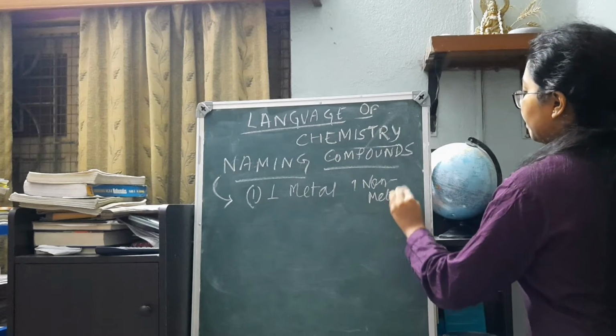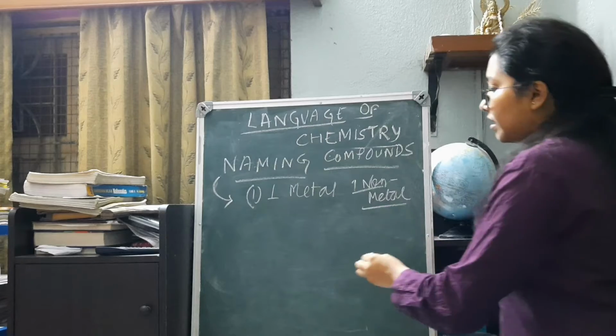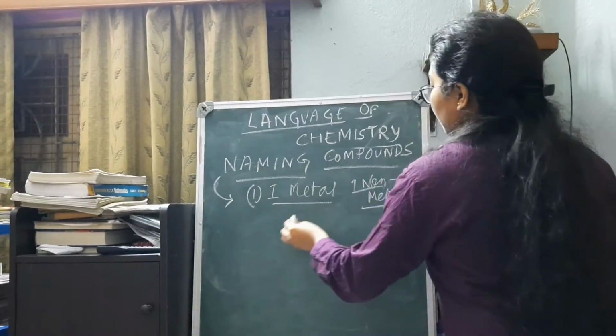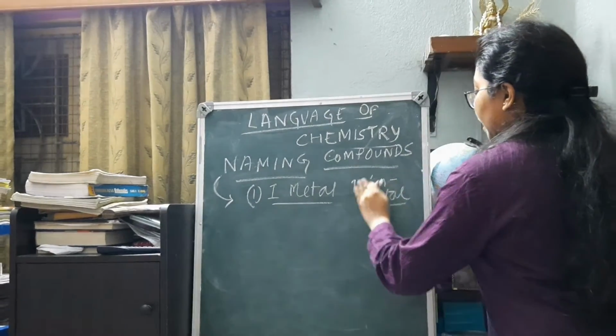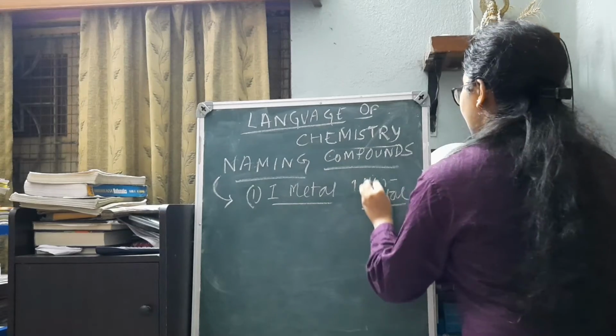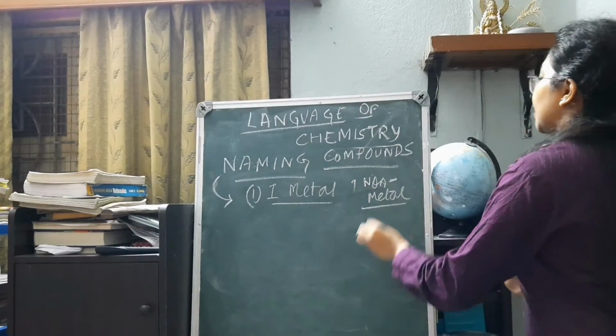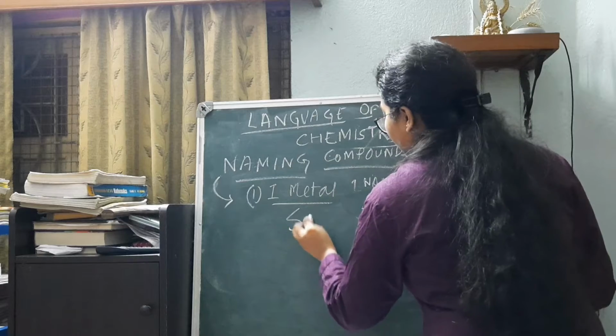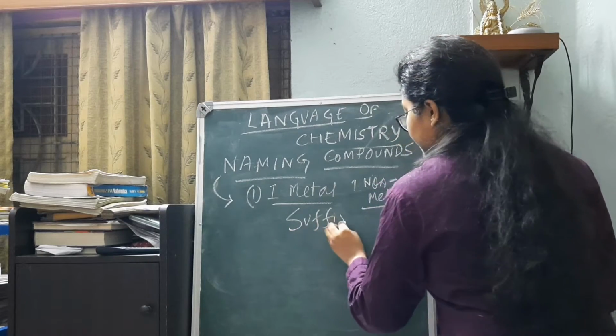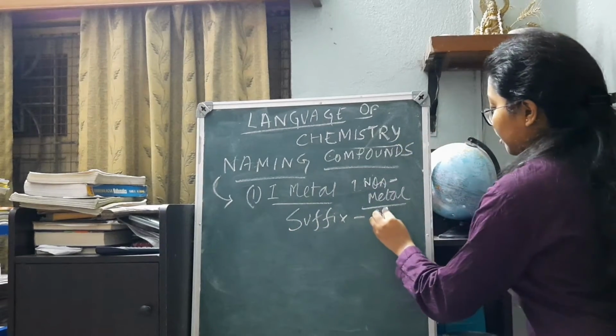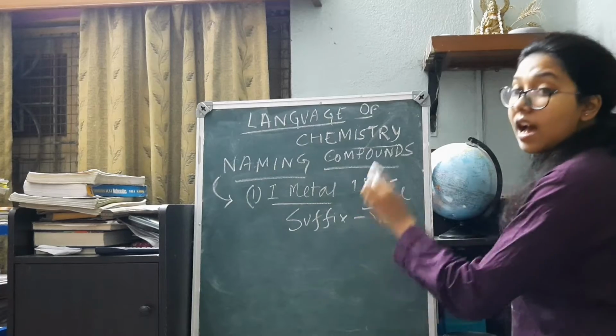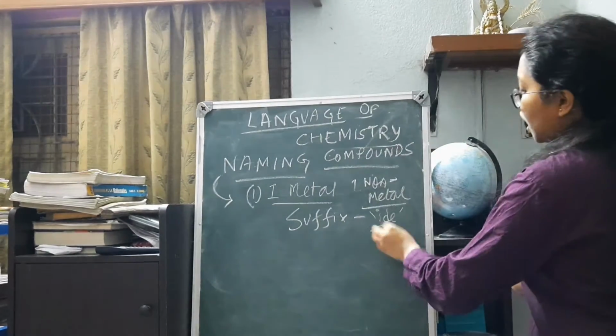So how do we do it? When I go for one metal and one non-metal, I have to ensure that it has been provided with the suffix "ide".